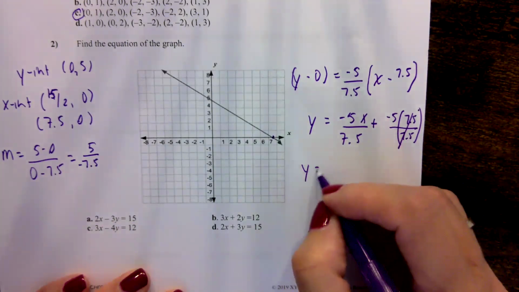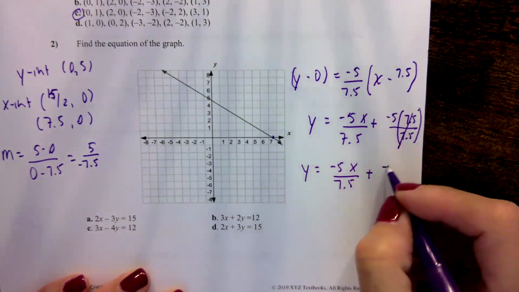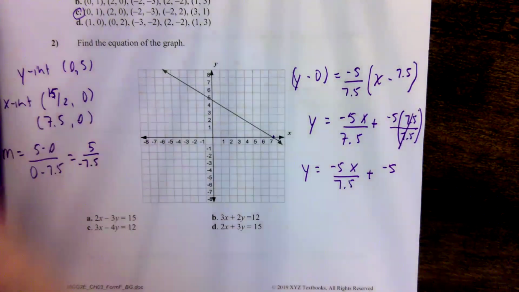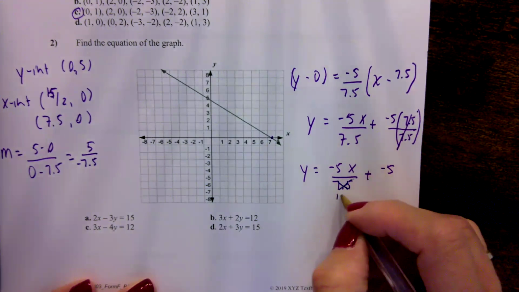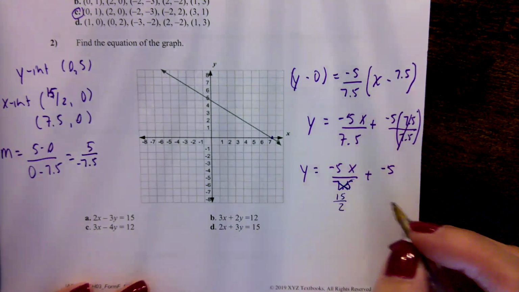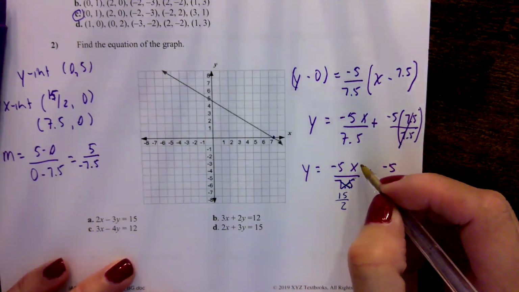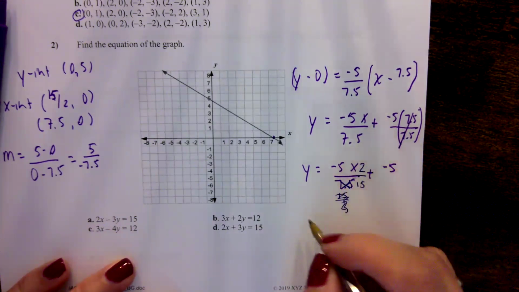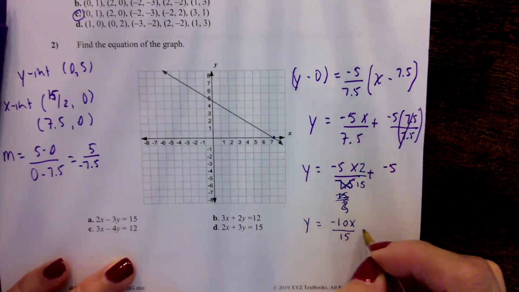So we have y equals a -5x over 7.5 plus a -5. 7.5, I'm just gonna rewrite. It's really 15/2, or multiplying this by 2 over 15. So we have y equals a -10x over 15 minus 5.